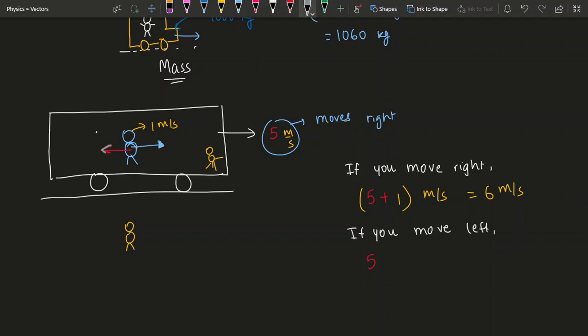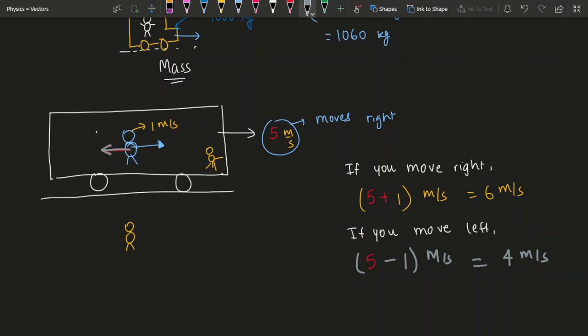So let me do that in a different color. You're moving on the left side, and so now I will observe you with a speed of 5 minus 1 meters per second, since the train is moving at 5 meters per second, and you, as a runner, are moving opposite to the direction of motion of the train, and so now I will observe you with a velocity of 4 meters per second to the right again.